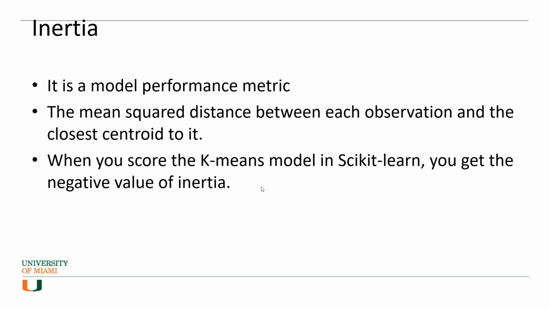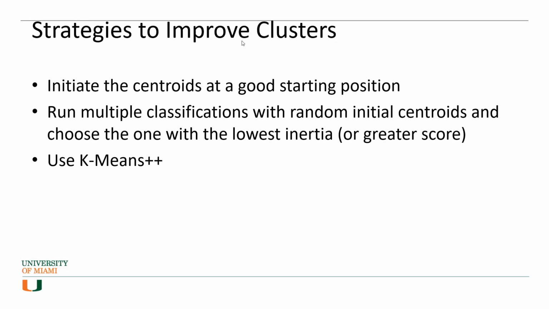So how are we going to use this metric in order to improve clusters? Well, basically we can initiate the cluster centers at some good starting position and then run multiple classifications with random initial centroids and choose the one with the lowest inertia, right? Or the greatest score.